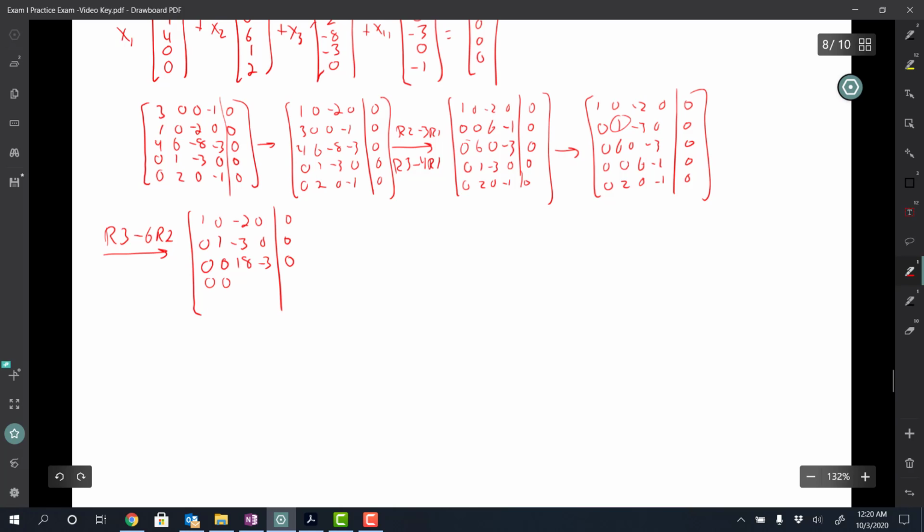Row 4 will stay the same. And my new row 5 will be row 5 minus 2 times row 2. I'll get 0, 0. I'll get 0 minus 2 times -3 is positive 6. And I will get -1.